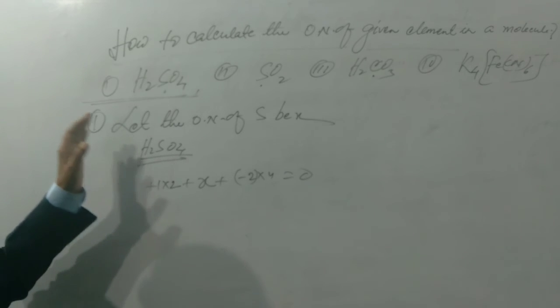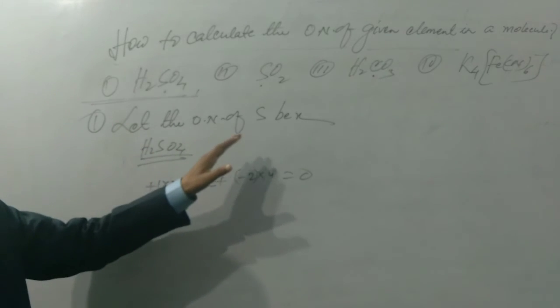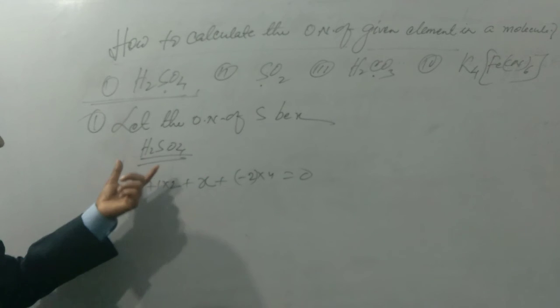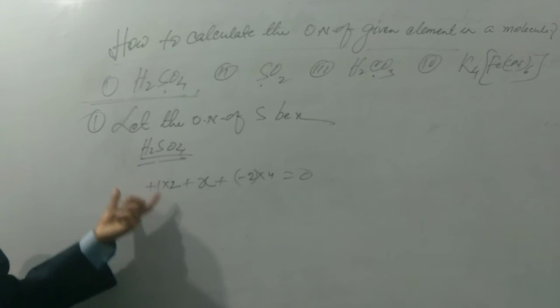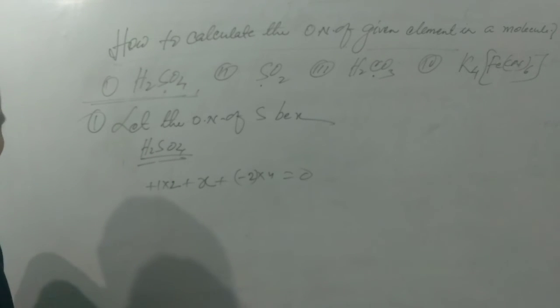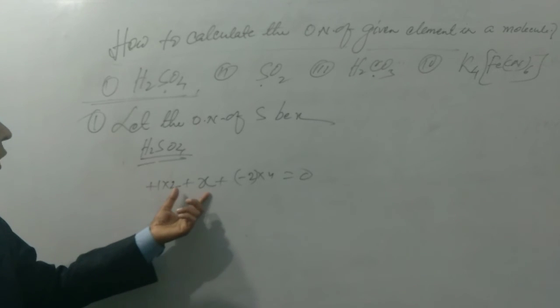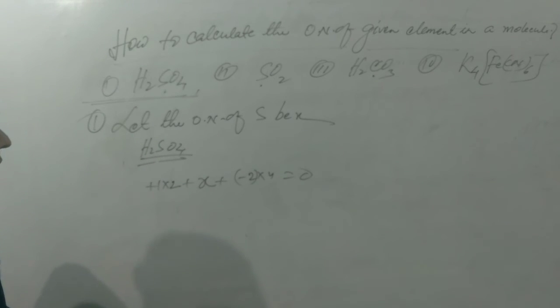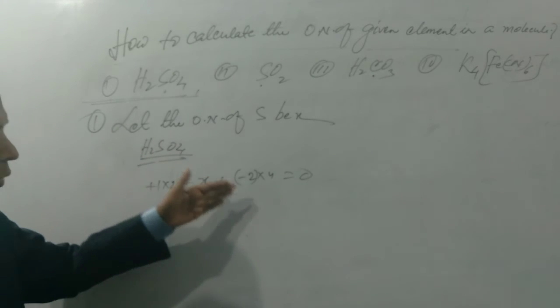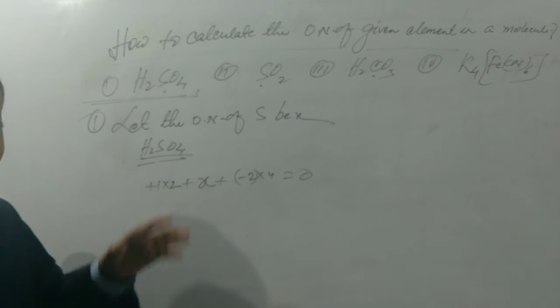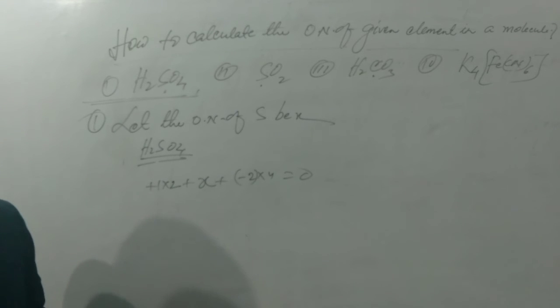So, we can have the oxidation state of sulfur as X. In combined state, the oxidation number of hydrogen is +1, and 2 hydrogen atoms are present, so we multiply 1 by 2, plus X for sulfur, and in combined state the oxidation number of oxygen is -2. So, 4 atoms of oxygen are present, so we multiply -2 into 4.